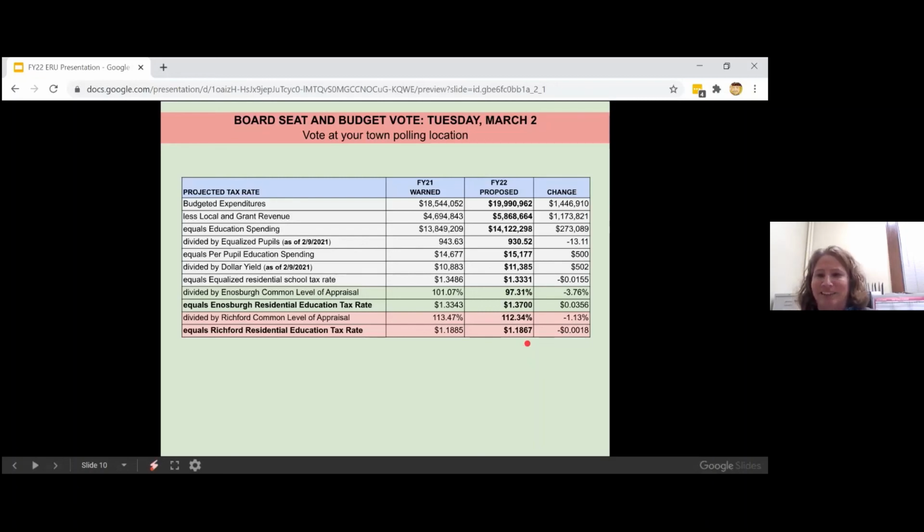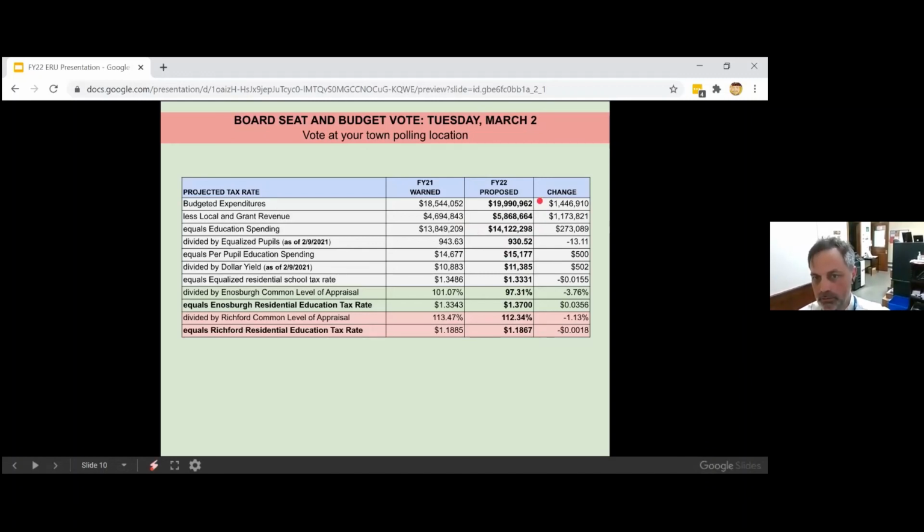That was a lot. Yeah, and while we're waiting for that, I want to point out two things, in terms of differences in the flyer that we mailed out as compared to what's in your town books. Again, as Polly said, this 19,990,962 is the number that you are voting on town meeting day.